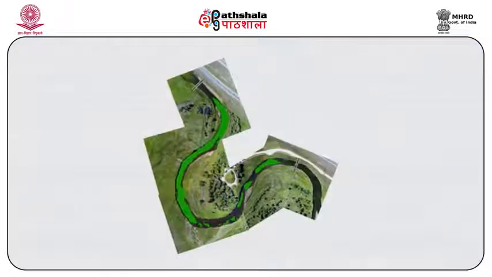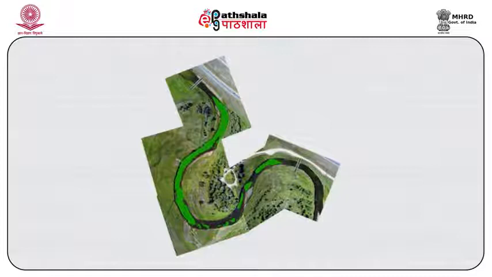In geomorphic mapping, a very important, simple and common feature is the oxbow lake. What you see in figure 7 is an oxbow lake. When the river comes to the old stage in the plain areas, it starts meandering. During the process of meandering, some portion of the river is separated out and becomes, for example, a lake.